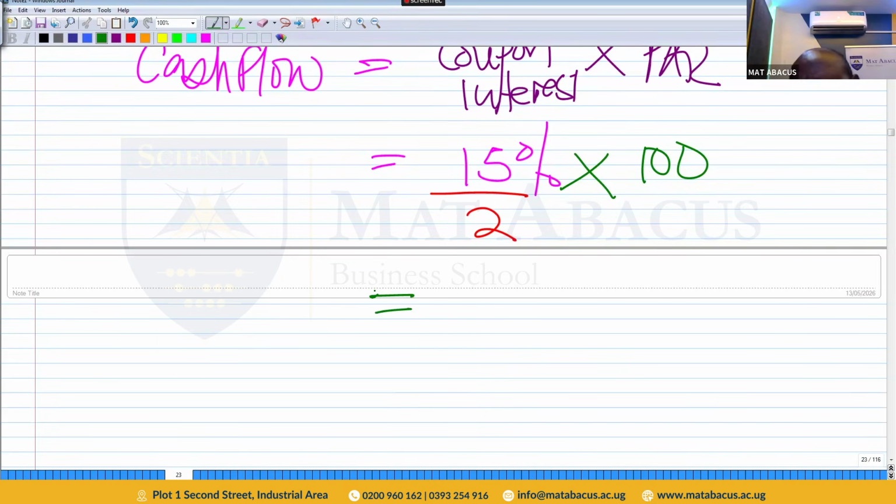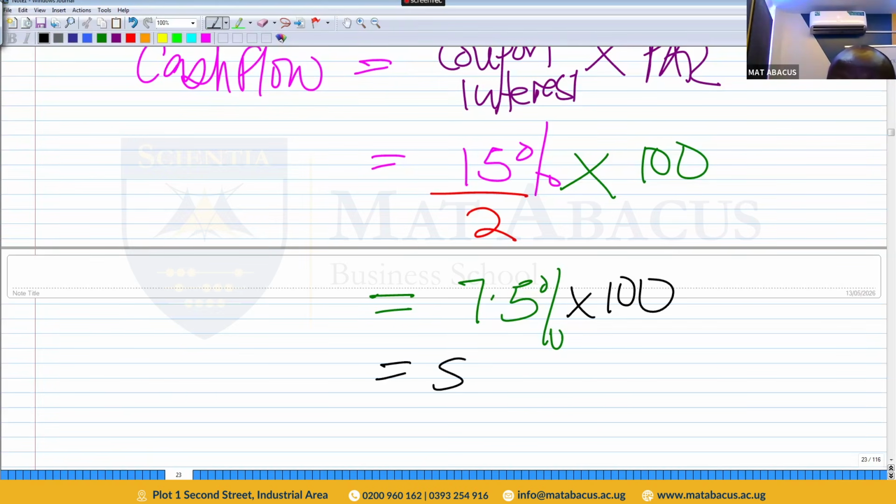At times the mistakes are done somewhere in the marking guides, but you continue doing the right thing. So you'll get 7.5% times 100. So this is 7.5%. You multiply by 100, and you will end up with shillings 7.5.